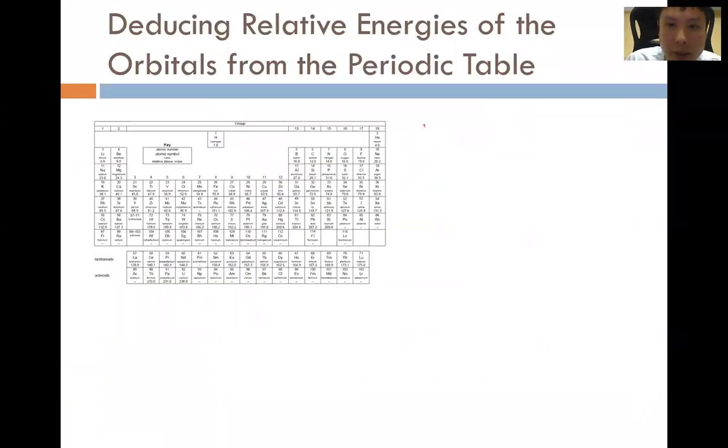If I were to draw again this energy level diagram, the lowest energy orbital is 1s.